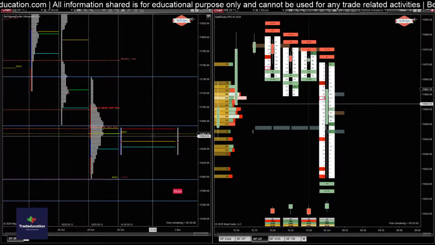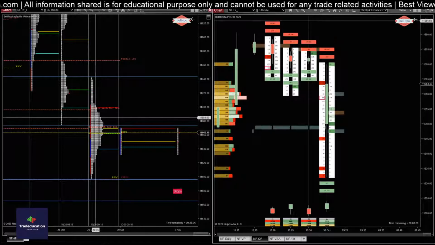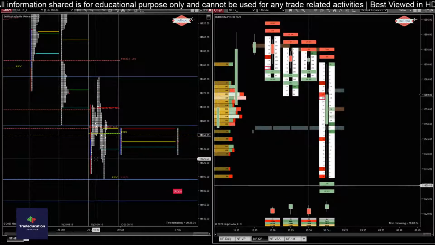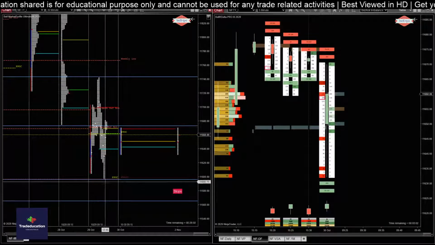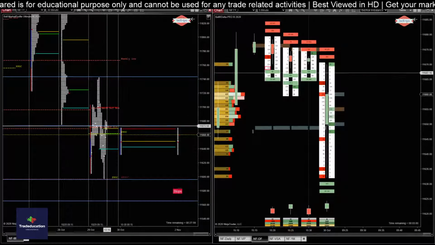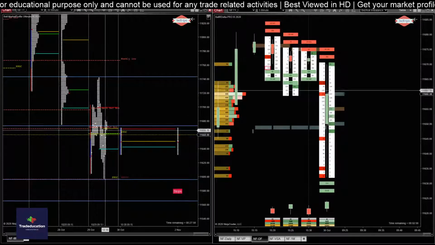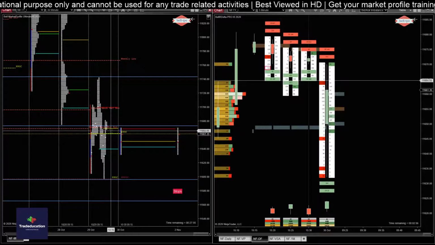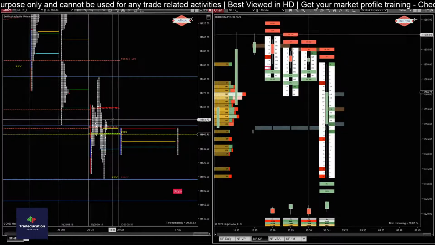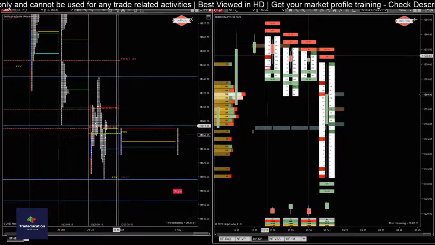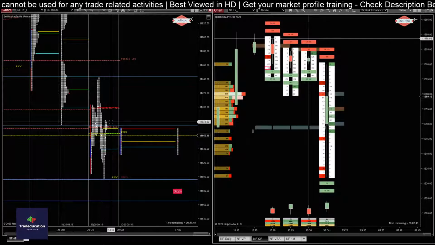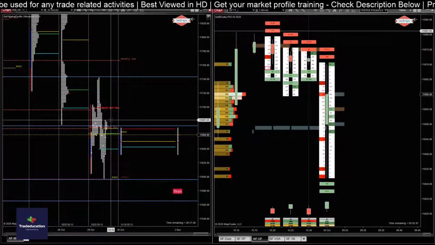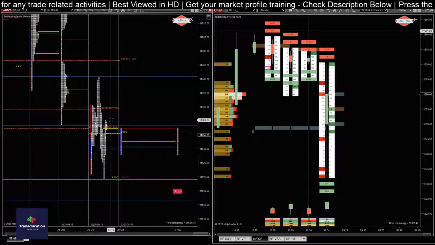Let the market chop around PPOC levels, and from a price action perspective, currently we are in a sort of demand or support zone. So we should see buyers coming in and taking the auction higher, above this reference level, 11,681.